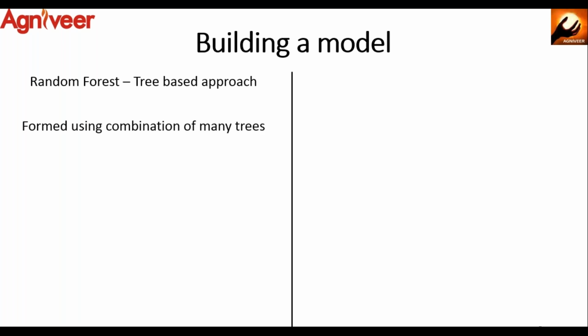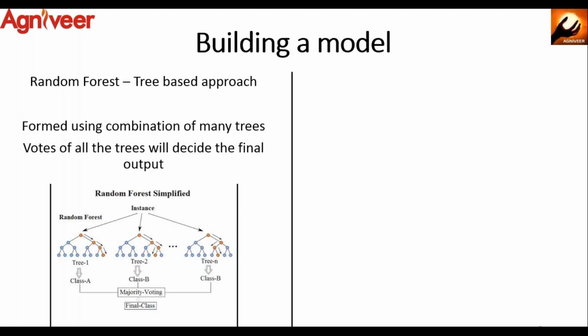So it is formed using a combination of many trees, and then there is a voting of all the trees in the end. This is the main structure which will help you understand. Let's say I have fed all my variables into the random forest algorithm.